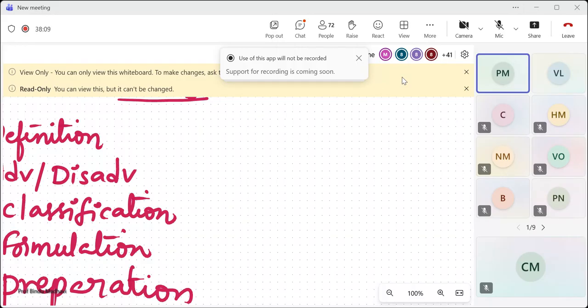All the patients may not be able to swallow those big tablets. So in those cases, what we do is we go for preparing chewable tablets. They are chewed in the mouth and then swallowed into the GIT.